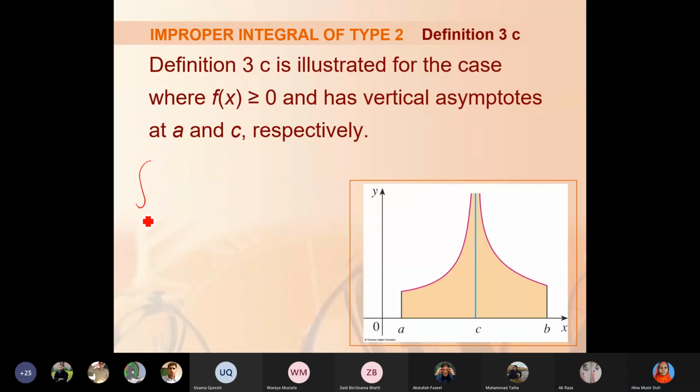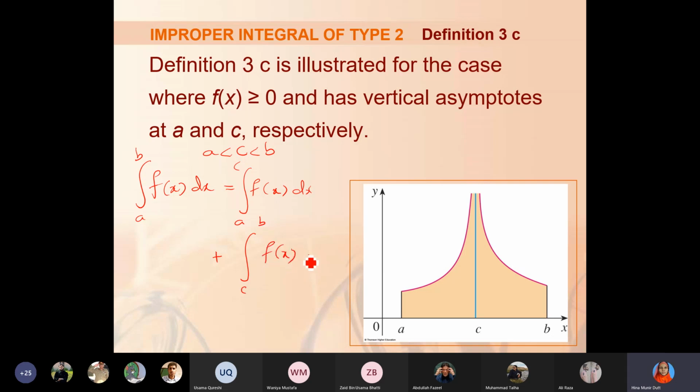integrand, this curve becomes infinite at the point c between a and b. So in that case I will break this interval into two parts, split the integral, a to c and c to b f of x dx.